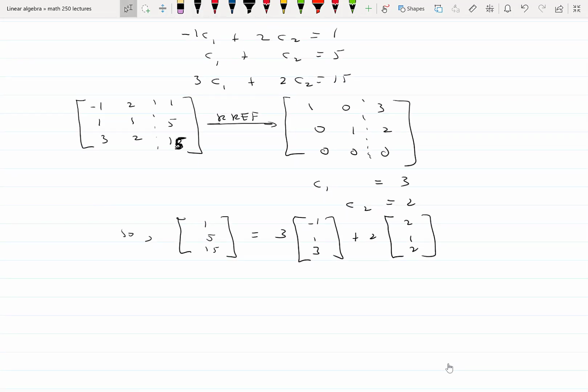Not only do we have the answer to the question, does the column vector 1, 5, 15 lie in the span of those two vectors, I found the actual constants that put it there. If you perform this arithmetic, it should work. I did the arithmetic on the right-hand side. I wasn't sure it was going to work, but it did. So yes, 1, 5, 15 is in the span of those two vectors.